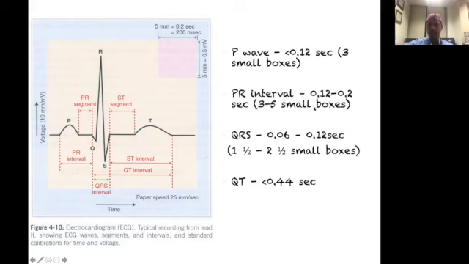The PR interval should be between 3 and 5 small boxes, or no more than 1 large box. QRS should not be more than 0.12 seconds or 3 small boxes. And then the QT interval in a male should be less than 0.44 seconds. And that takes into consideration your heart rate.